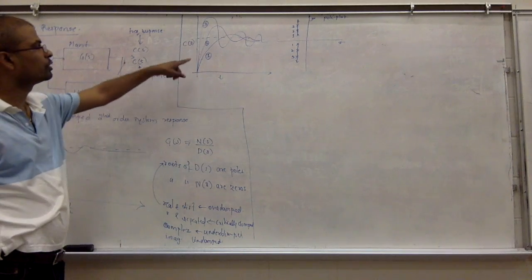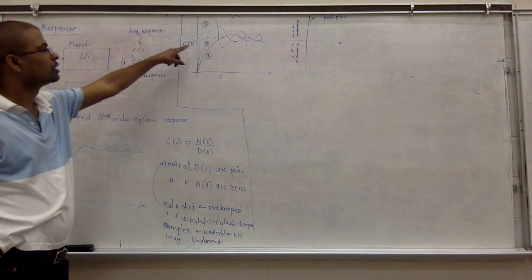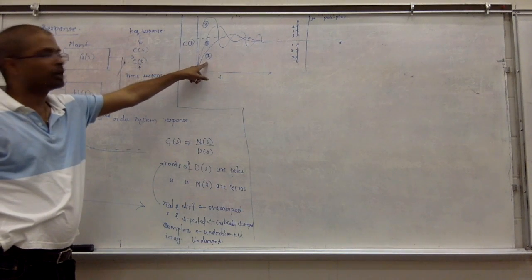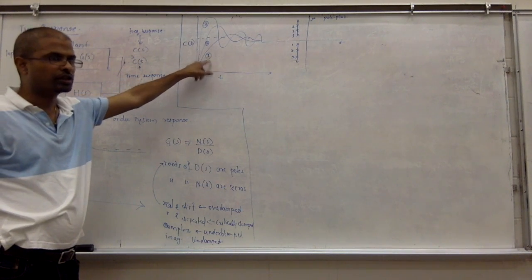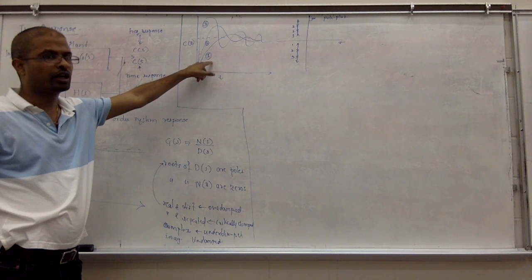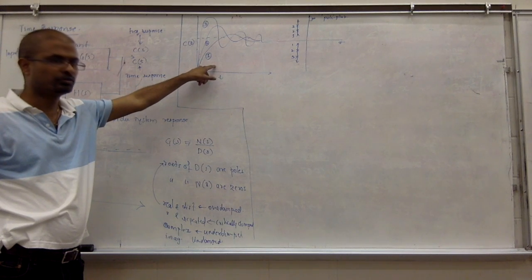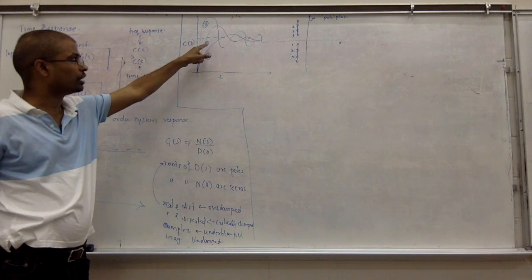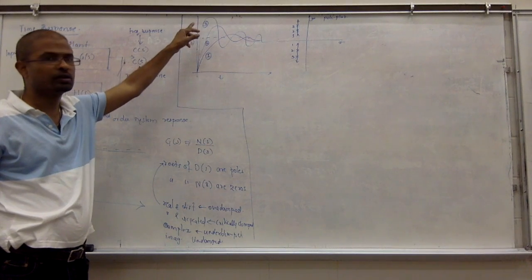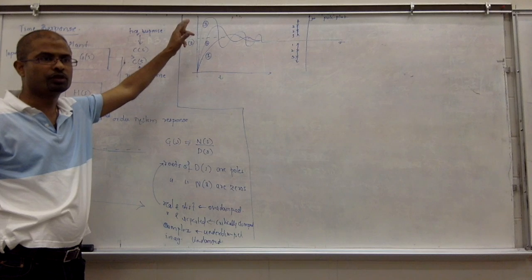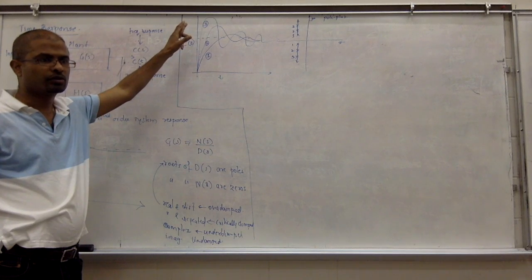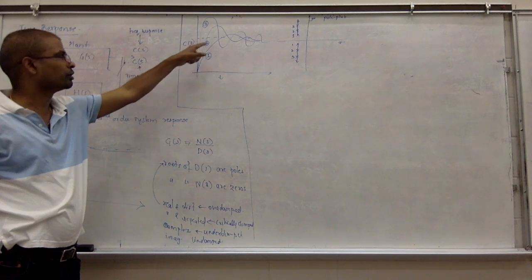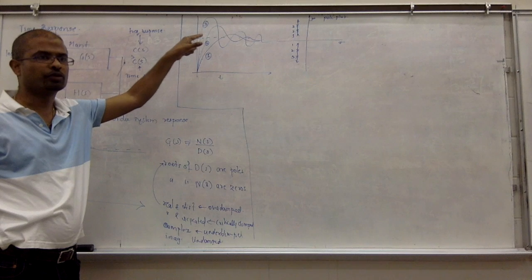Okay. If you look at the 3 systems, the first system will have a very high rise time, but it will settle down much faster. System 2 is between system 1 and system 3. System 3 will have a very small rise time, but it will take much more time to settle down.